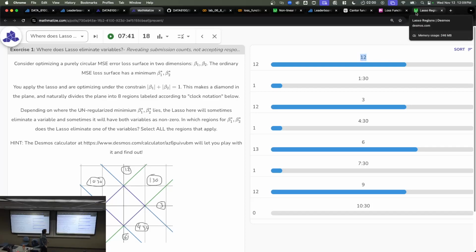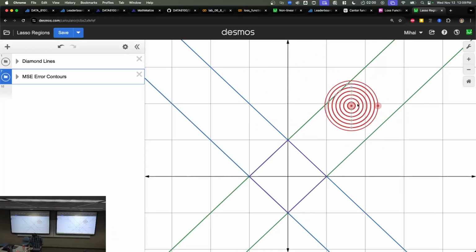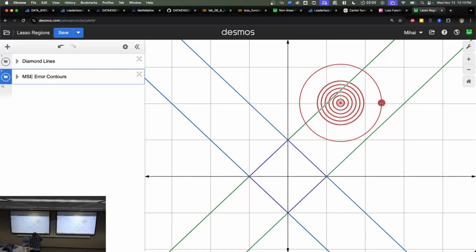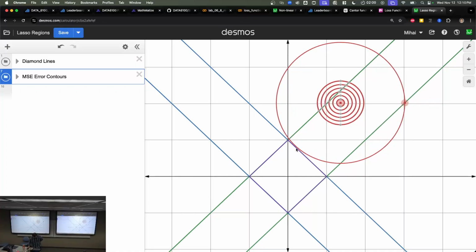Now the question is, what about at 130? Only one person said we're eliminating a variable at 130. But of course, we've seen many times where the crowd is wrong. Let's see what happens if you're in the 130 region. Once again, the true value we want is somewhere in the region, maybe over here. Where is the minimum? Going up, up, up the bowl, the minimum is here, on the side of the diamond, right there.